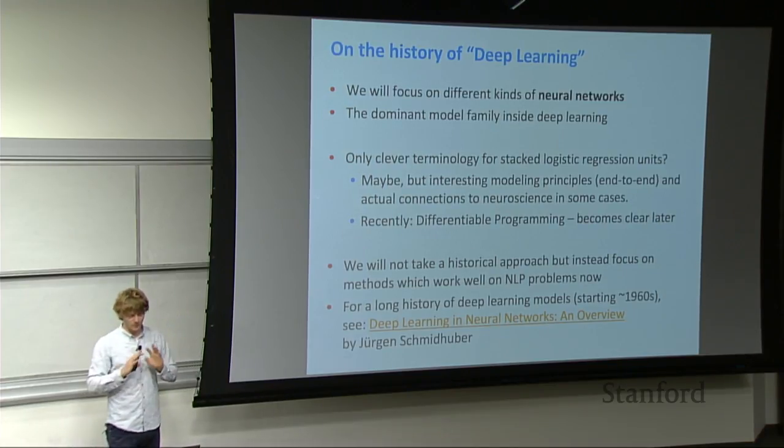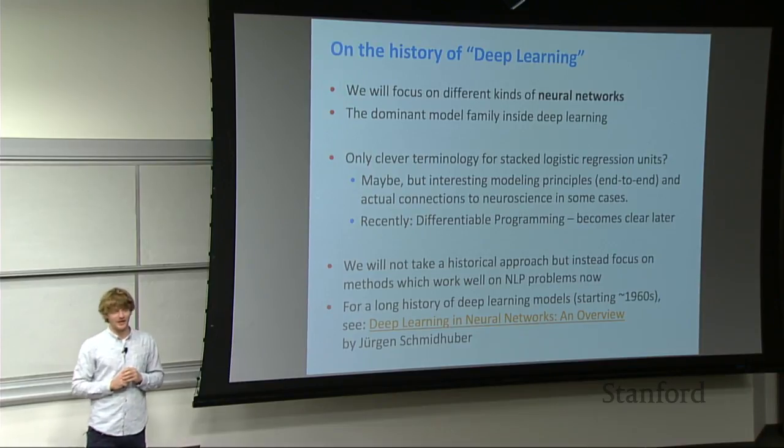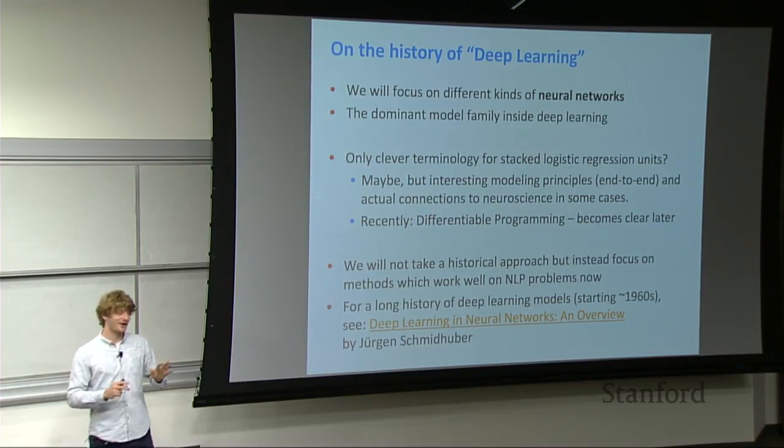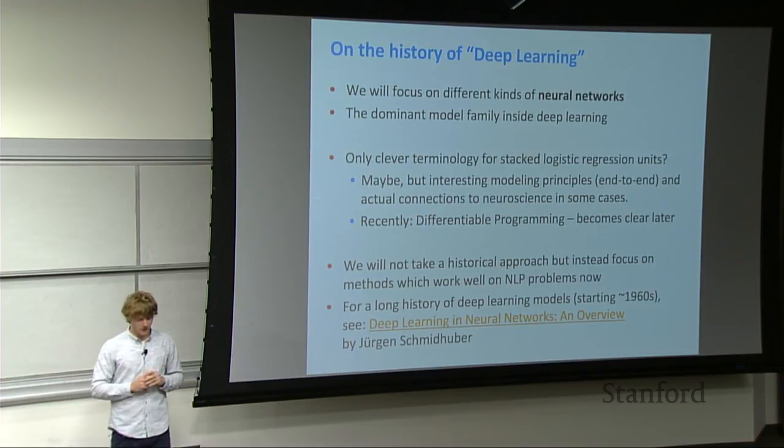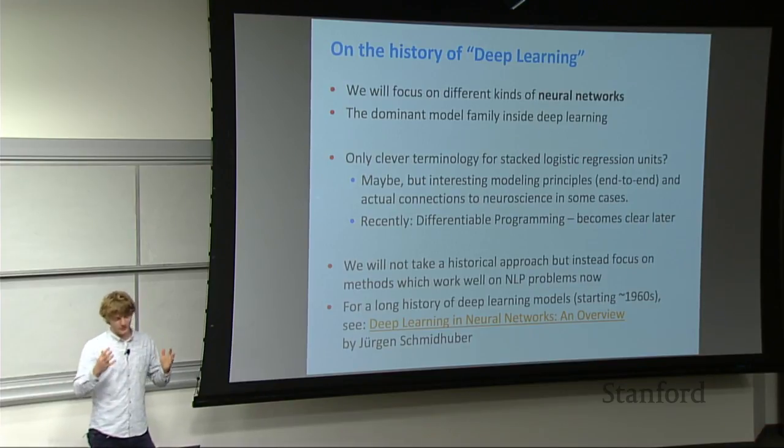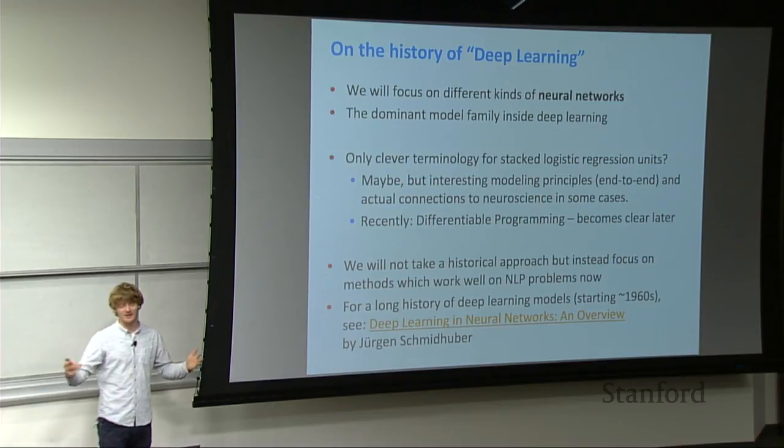In general, we will not take a historical approach. When these videos are online, there are certain people out there who have invented something in the 1980s, and then the computers were too slow, nobody used it. They might get upset that we're not mentioning their name. So we're sorry. There's just a very long history.